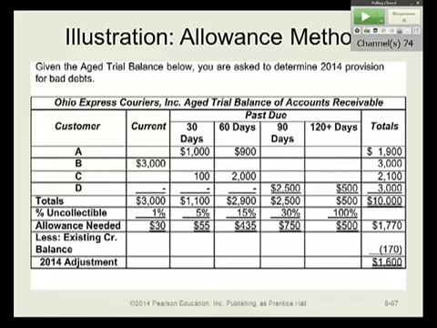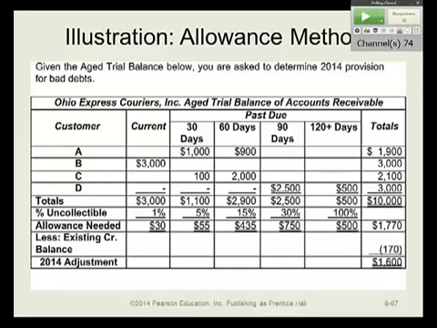Customer B has a $3,000 account in total, and that account is current. Customer C has an account that's current for $100, $2,000 that is 30 days past due. And customer D is, obviously you're not selling currently to this customer because they haven't paid $2,500 in 90 days and they owe you $500 for more than 120 days.